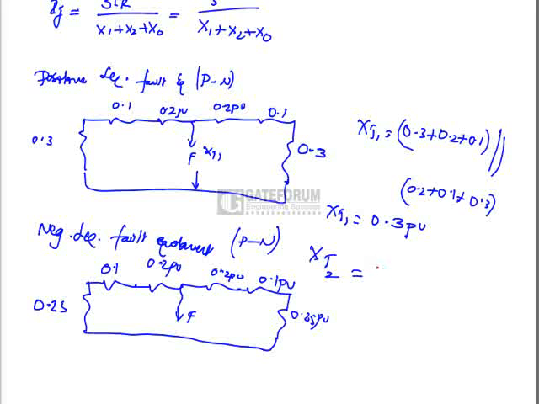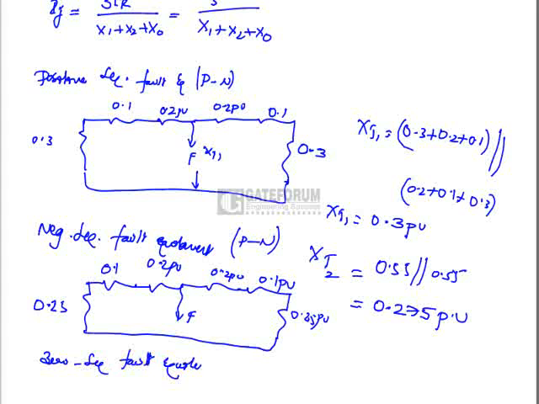So xt2 is equal to 0.1 plus 0.2 plus 0.25. So this is 0.55 parallel with 0.55. So what is the answer? 0.275 per unit.